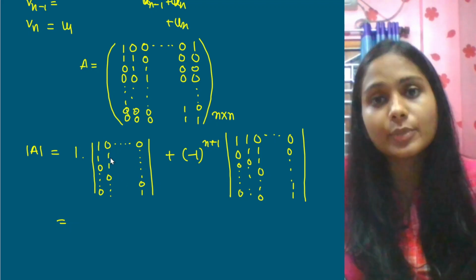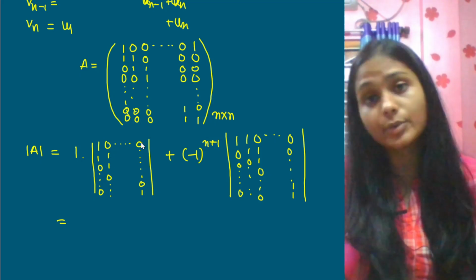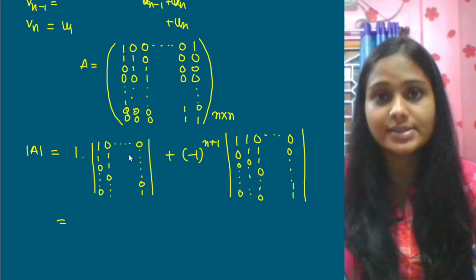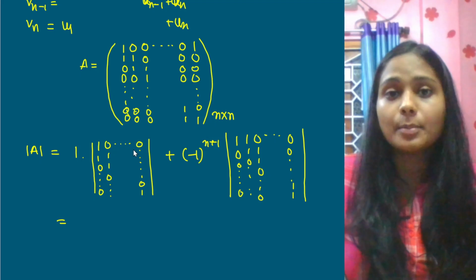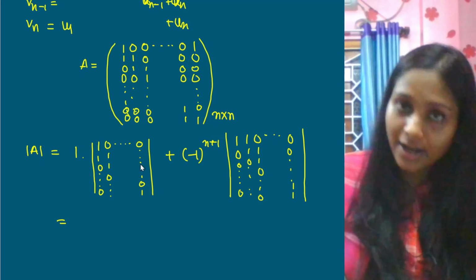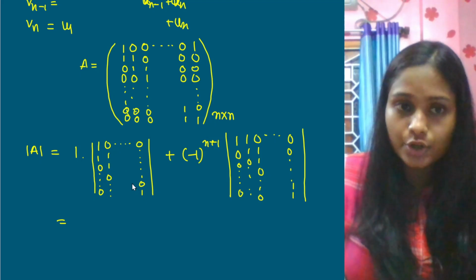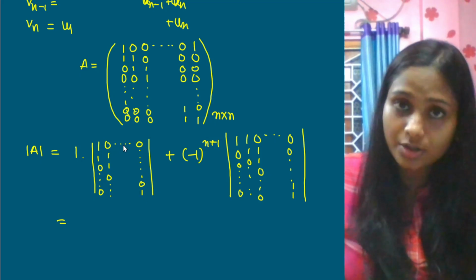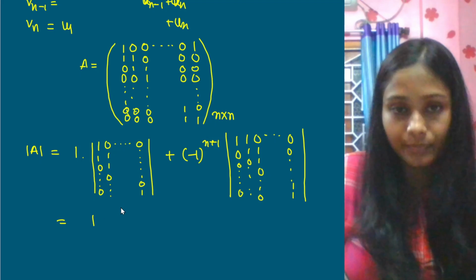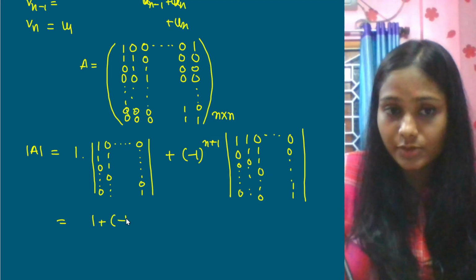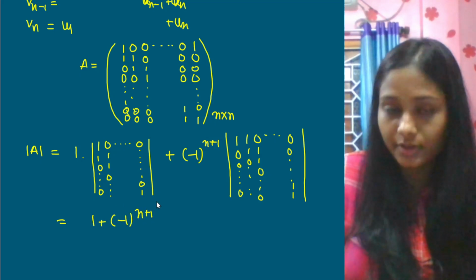What is the determinant of a lower triangular matrix? It is the multiplication of its diagonal elements. Here the diagonal elements are 1 only, so this matrix has determinant 1. So this is 1 times minus 1 power n plus 1.